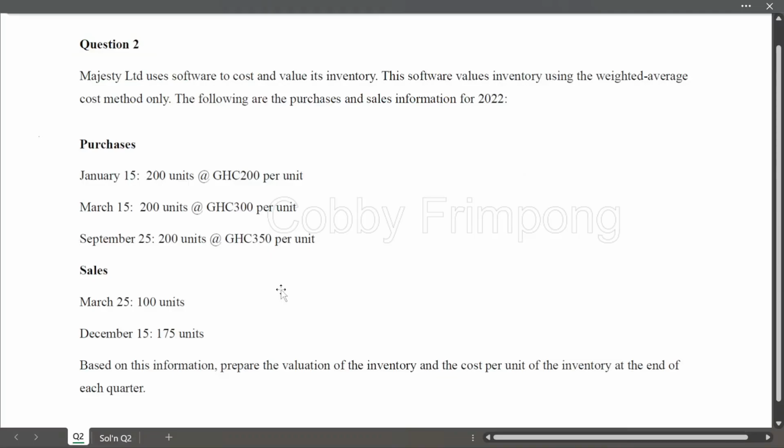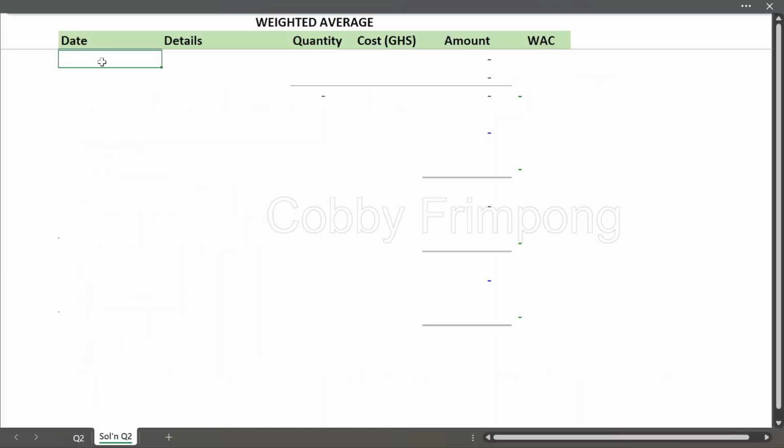In quarter 1, we had 2 purchase transactions and 1 sale transaction, January 15th and March 15th, and then March 25th. We begin with our purchase transactions. January 15th, 2022, a purchase transaction of 200 units at 200 Ghana cedis per unit, giving us 40,000 Ghana cedis.